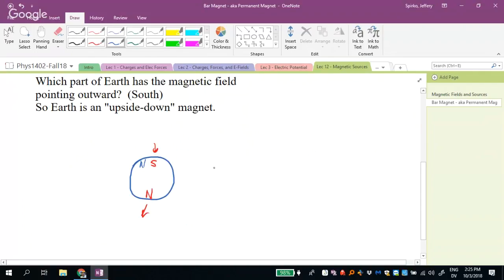If I put another Earth next to it, the magnetic north would be attracted to the other magnetic south, because with bar magnets, opposites attract. So this would form north like that and south like that, and you'd end up with loops of magnetism that go out one magnet and in the other.